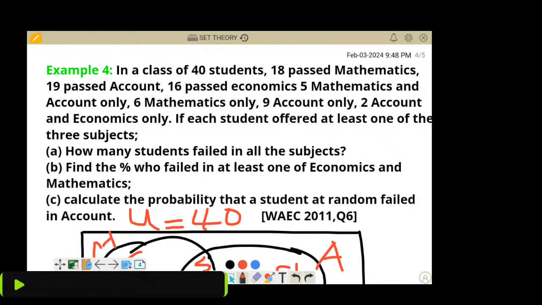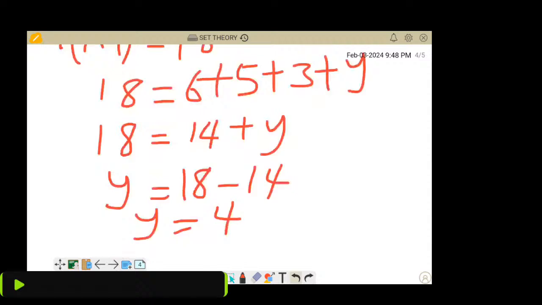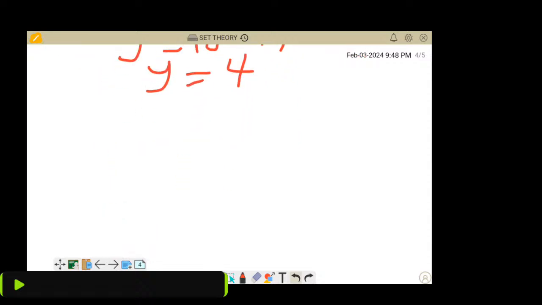Okay, let's take it down, and let's have economics. Number of economics equal to 16.